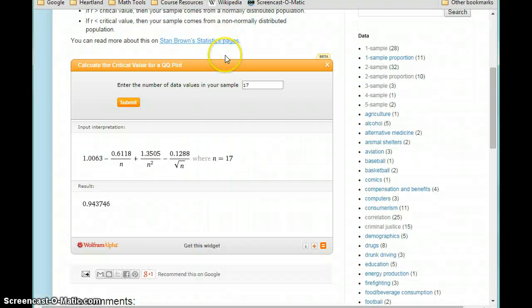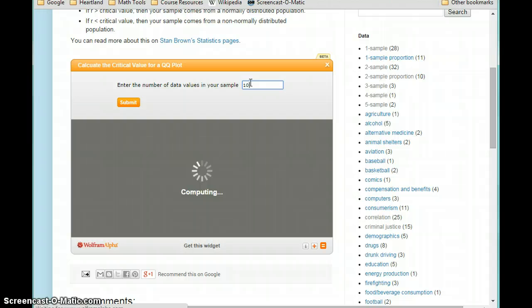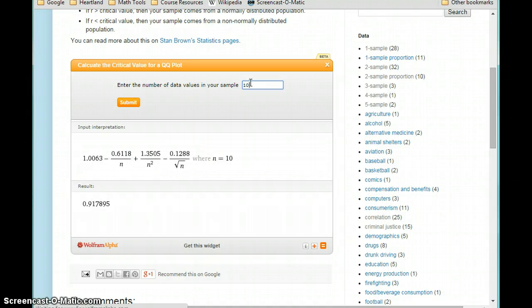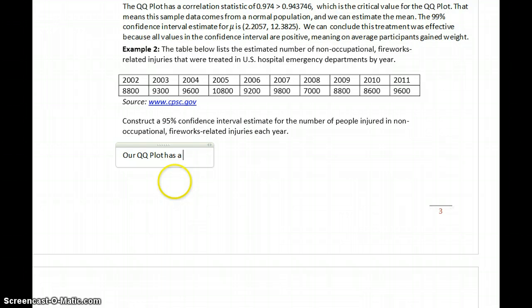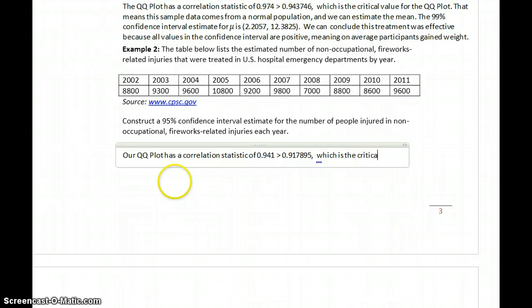So we have a correlation of 0.941. We'll calculate the critical value, which in this case is 0.917. So our QQ plot has a correlation statistic of 0.941, which is greater than 0.917895, which is the critical value for the QQ plot.